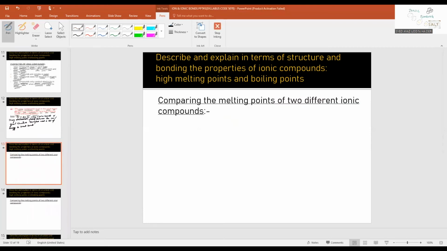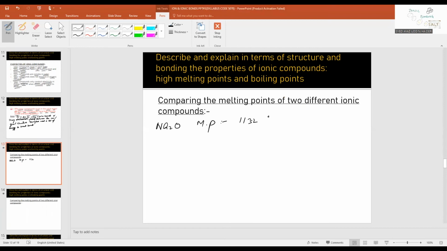Comparing the melting points of two different ionic compounds. Let's compare the melting points of two different ionic compounds, like sodium oxide, Na2O. The melting point is 1132 degrees centigrade.